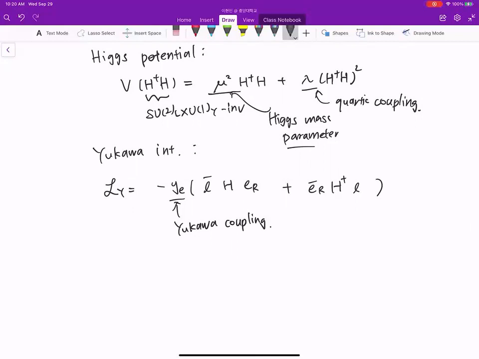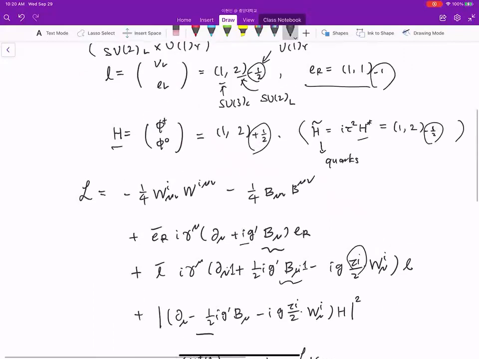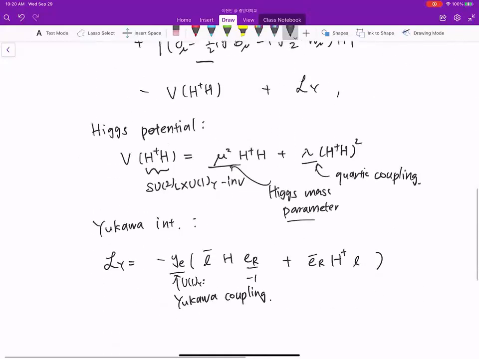So here, you can first check the hypercharge, right? The hypercharge of this e_R is the same as the electromagnetic charge, so -1. And H, you can go back, +1/2, right? So +1/2.